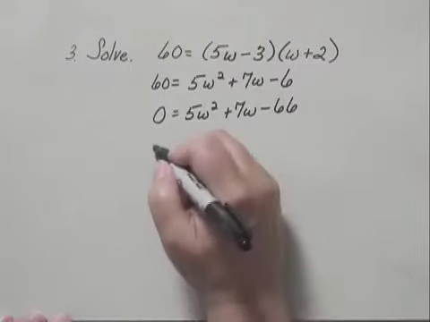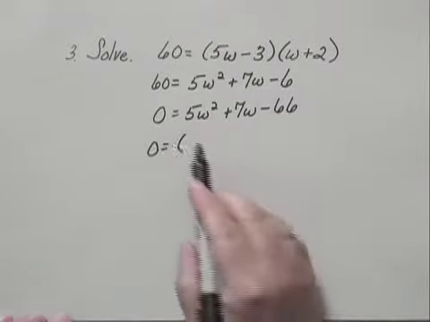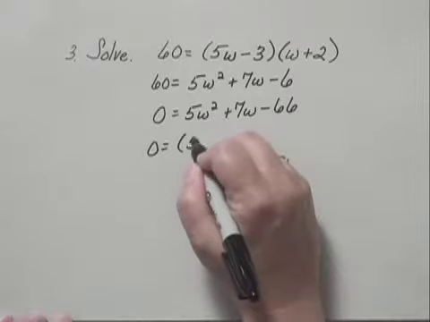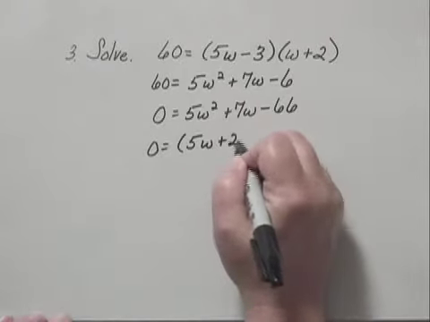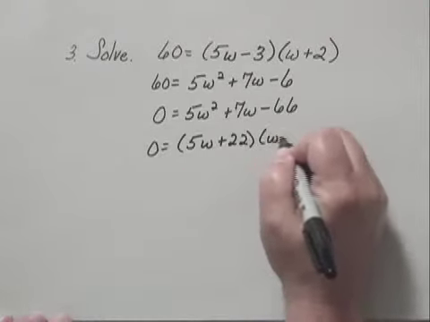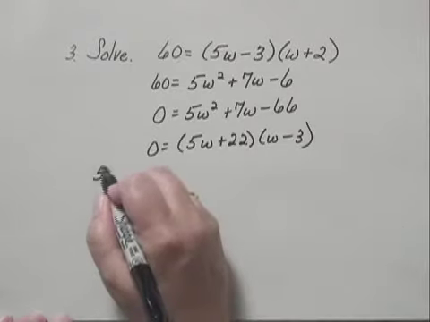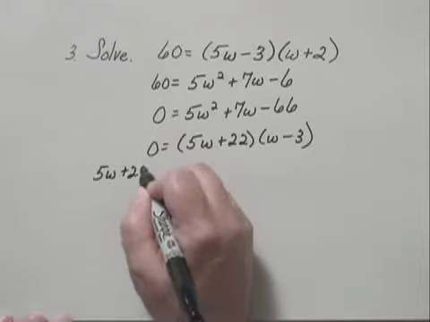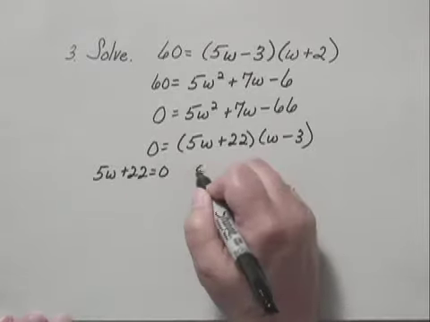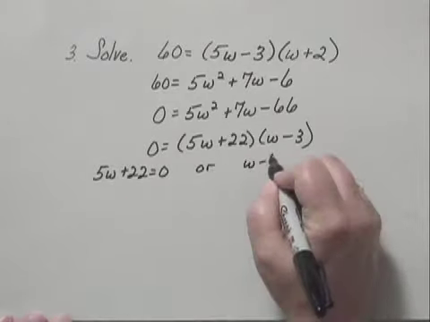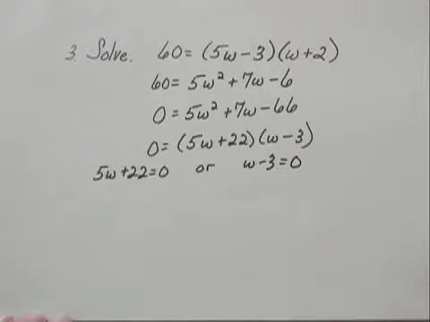And then I factor. 0 equals, this factors to 5W plus 22 times W minus 3. So I can say that 5W plus 22 equals 0, or W minus 3 equals 0.